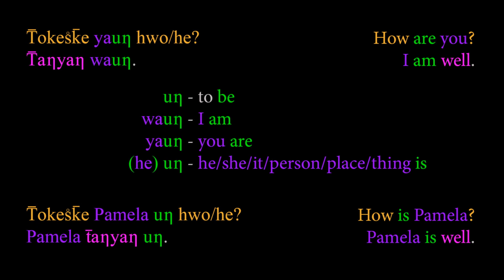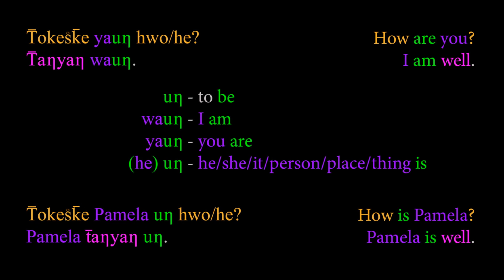So now really think about this. Look at this. Here you have Dayan wa'u, the second sentence, up on the top of the screen. Wa'u, I am. It's one word. Now go down to the last sentence and just look at the purple and green.